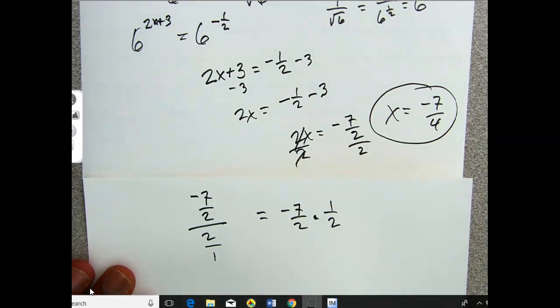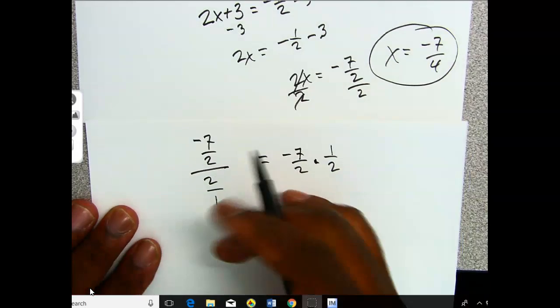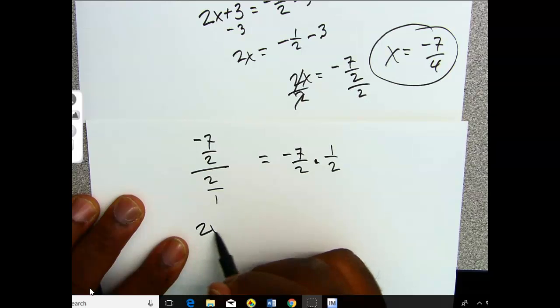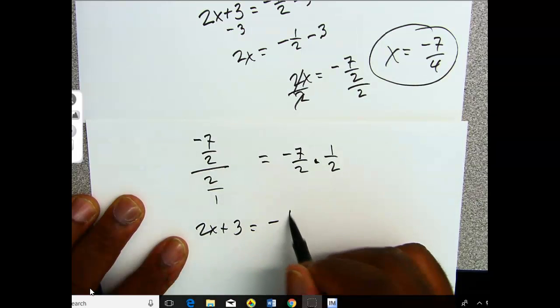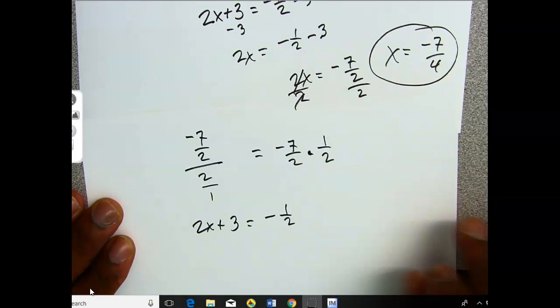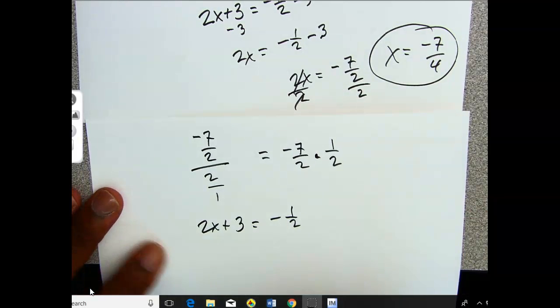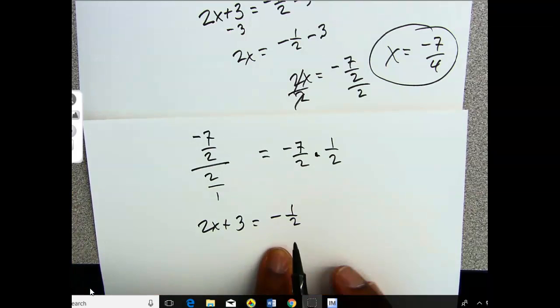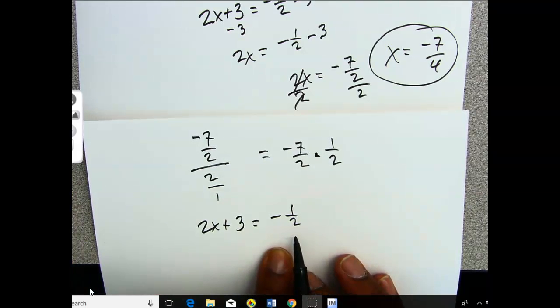But I'm going to look at this another way. So 2x plus 3 is equal to negative 1/2. I don't like fractions. So if there's some way I can rewrite this so I don't have a fraction, I probably would be a lot happier. So here, I take a look at my denominator, it's a 2. So what I'm going to do is something called clearing the fraction.